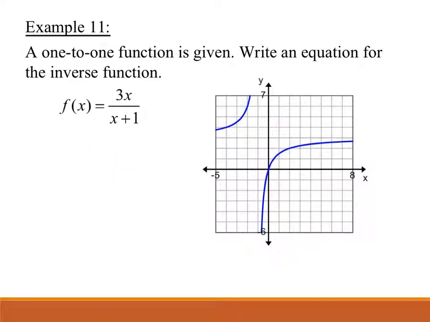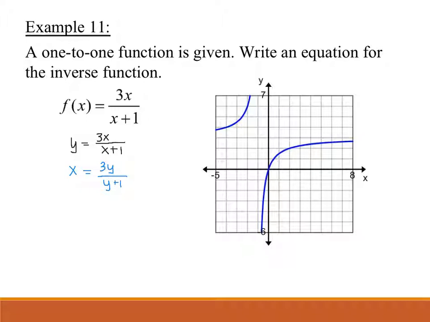Here we're going to start out with y equals 3x over x plus 1. Now we're going to interchange x and y, so we have x equals 3y over y plus 1.